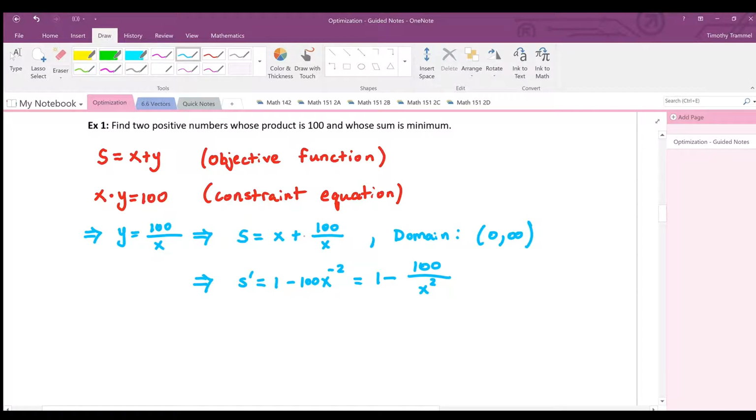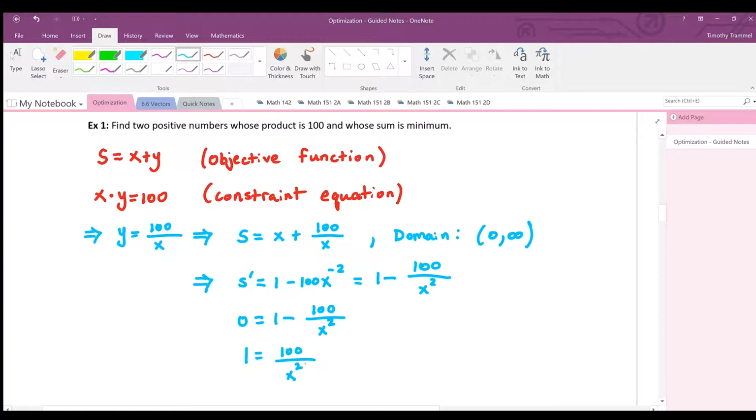So next, let's think about where it's 0. Let's go ahead and set this equal to 0. So 0 equals 1 minus 100 over x squared. Let's move this around a little bit. We have 1 is equal to 100 over x squared.